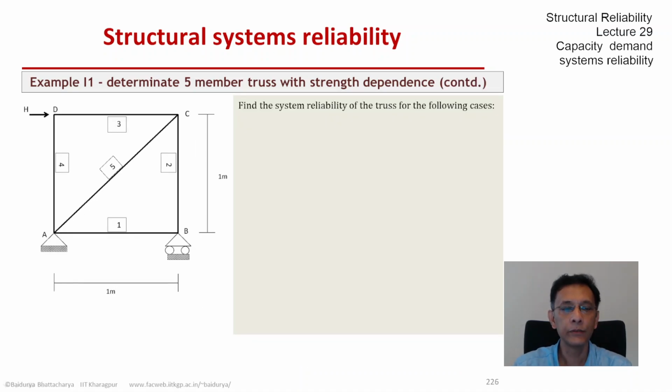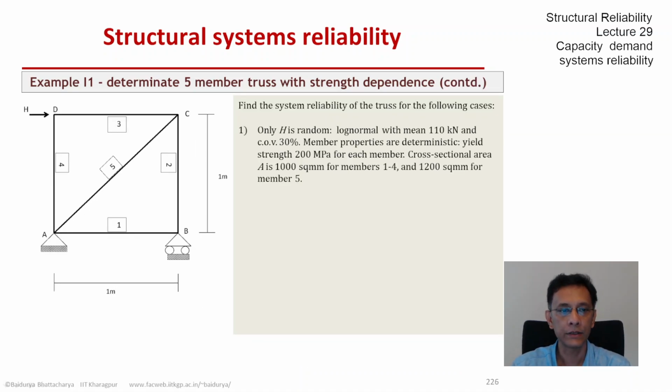So as I said, we'll look at 4 different cases. The first case is only the load is random, log normal with a certain mean and COV, and in this case all the member properties including yield strength are deterministic. All the 4 sides of the square have the same area and the diagonal is a little thicker.